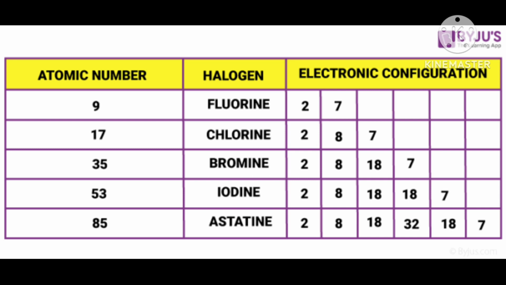Fluorine and chlorine are fairly abundant, while bromine and iodine are less so. Fluorine is present mainly as insoluble fluorides, for example, as fluorspar.